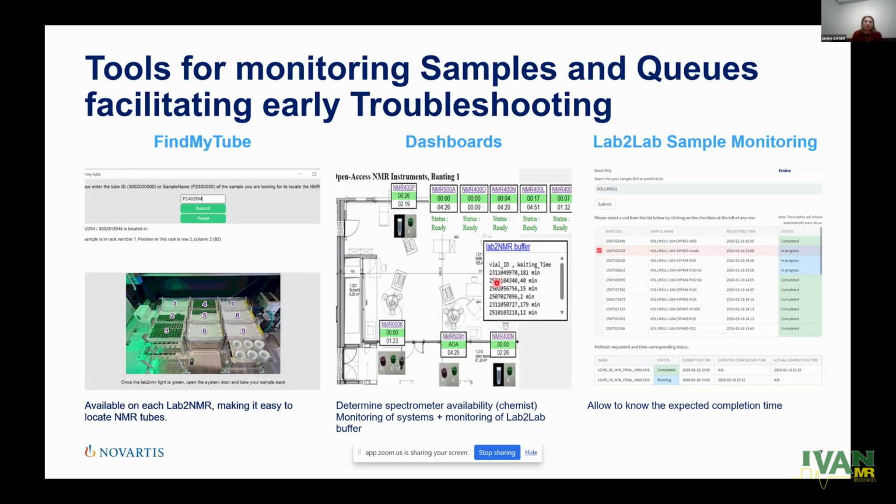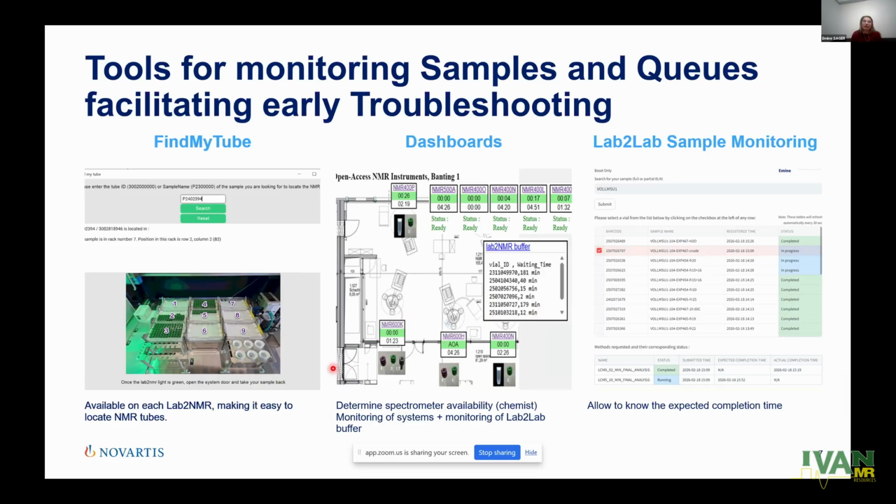But it will wait first in a buffer. And this will give us an idea if we have a problem in the lab-to-lab system. What you need to know is that this lab-to-lab system is also used for MS, and the distribution of the vials can sometimes be blocked due to a problem in the lab-to-lab system and not due to the lab-to-NMR path. And this gives us an idea.